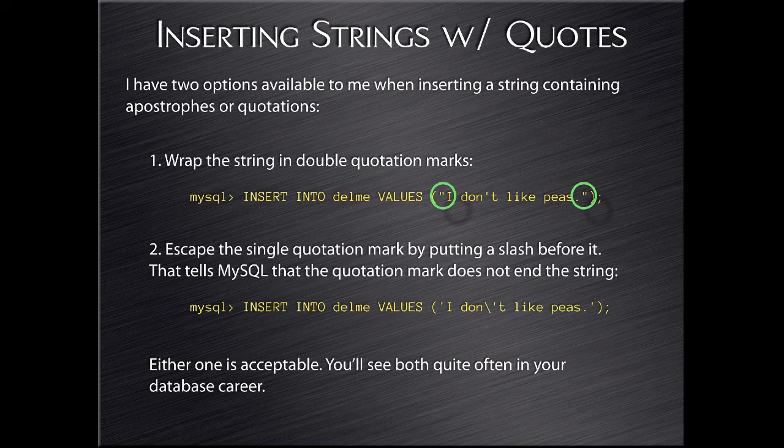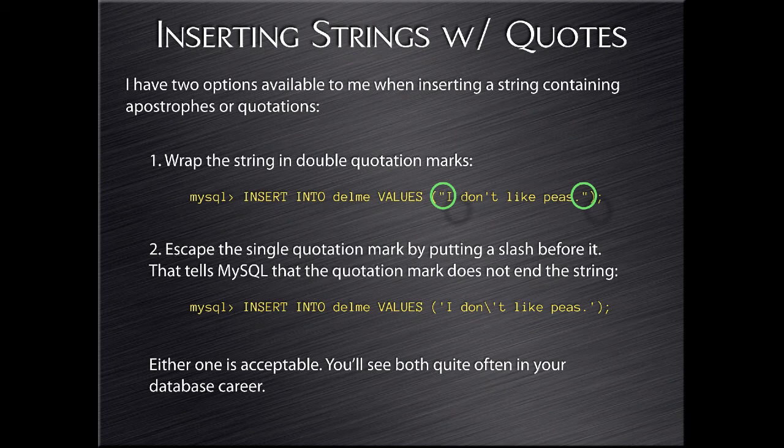So they're superhero quotation marks. What the \ does is to tell MySQL this is not a meta character. It is not a superhero character. It's not a superhero quotation mark. It is a mere mortal quotation mark. So do not let it end a string. Don't let it terminate a string, because there's nothing special about it.